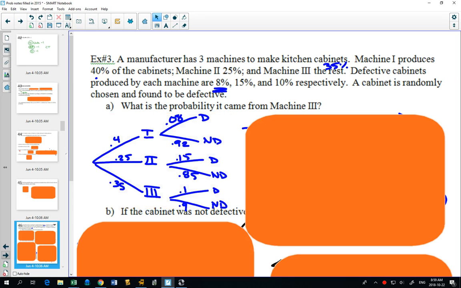So we can start by drawing a tree diagram, a great way to represent everything. I've used Roman numerals I, II, and III for machines 1, 2, and 3, and D for defective and N for not defective. Maybe you want to use G for good.